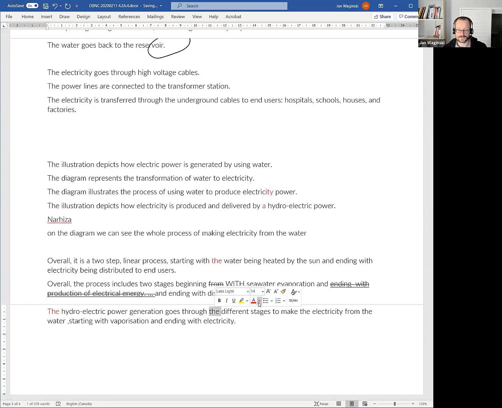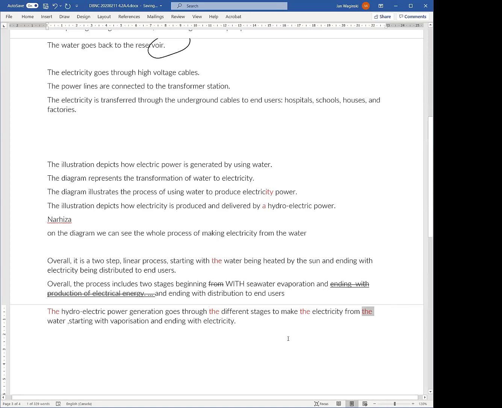Goes through different stages. You're not talking about specific stages. Remember, the word the is like pointing a finger at something. Right, so no need to use it here. Just goes through different stages to make electricity from water. I have the same mistakes all the time.